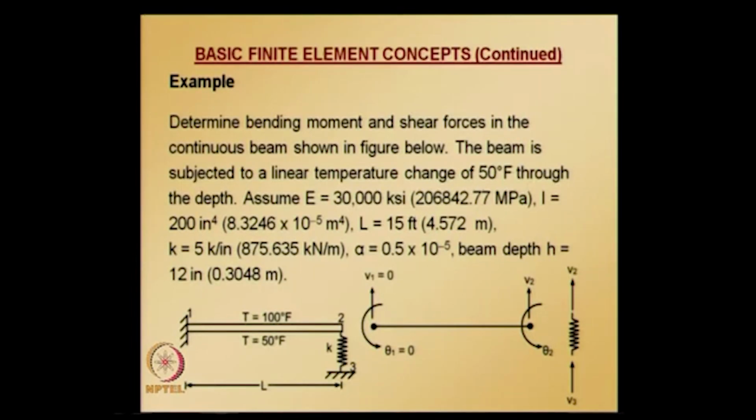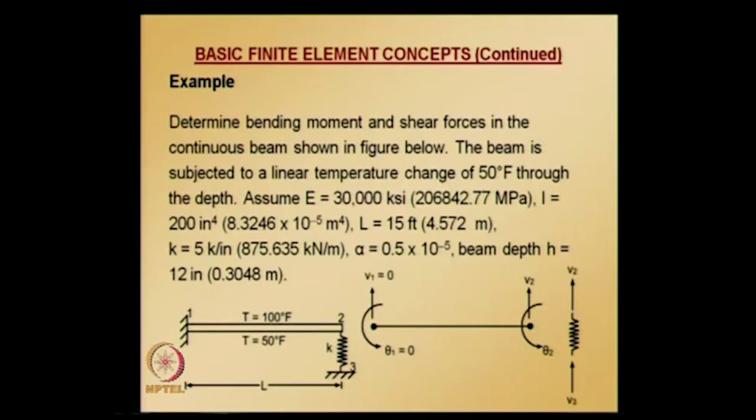You can notice that node 1 and node 3 are constrained. Since this is a beam element, at node 1 we have 2 degrees of freedom, V1 and theta 1, and at node 3 we have only 1 degree of freedom, the displacement along the axial direction of the spring.